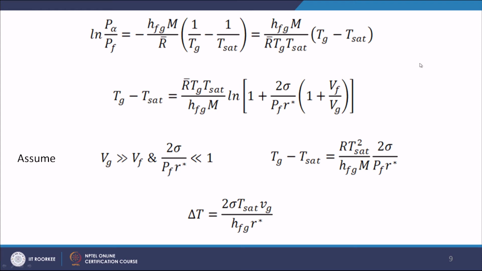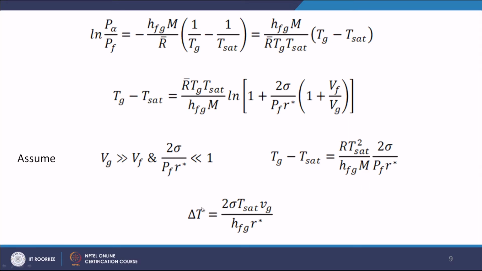Let us take a further assumption to make it simpler. Once again the same assumption that Vg is higher than Vf, and let us consider that 2 sigma by Pf into r star is very small. If this is very small, and Vf is very low compared to Vg, then Tg minus Tsat simplifies to this equation: R Tsat whole square by HFG m into 2 sigma by Pf r star.